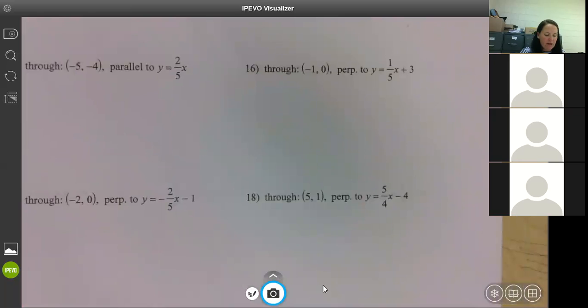What are perpendicular lines? Lines that go through each other. Okay, and specifically, how do they go through each other?